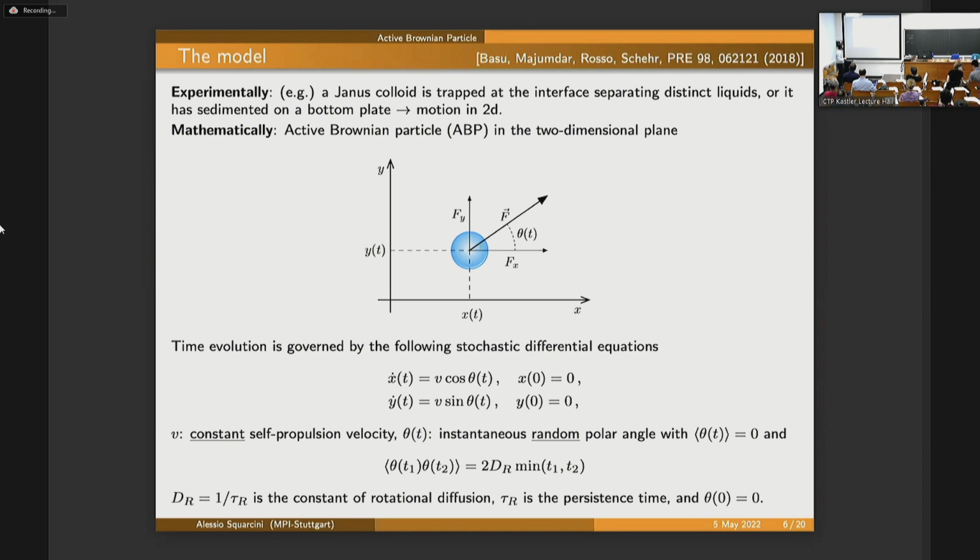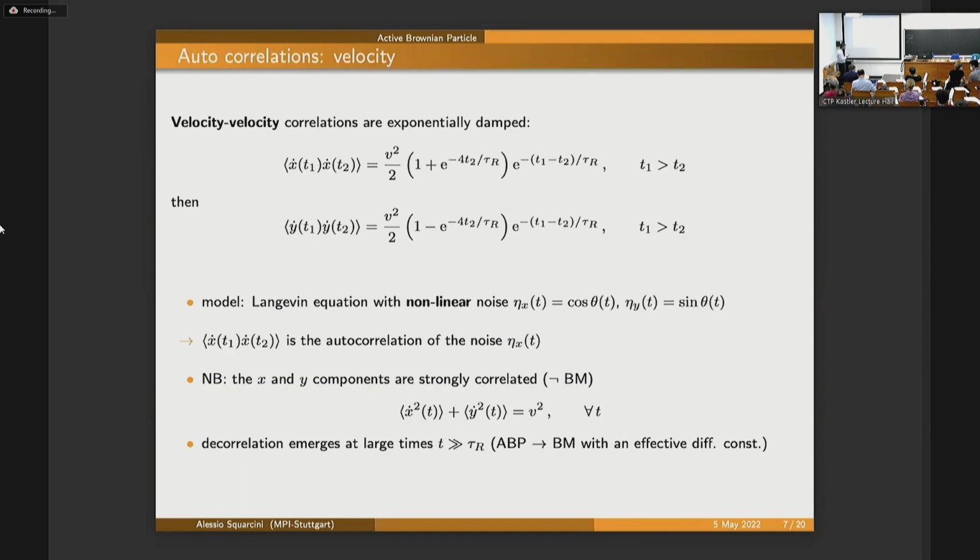D_r is the rotational diffusion coefficient, and tau_r is the inverse of D_r. Taking all the initial conditions to 0 doesn't play any particular role, it's just a mathematical simplification. So starting with that equation of motion, it is very easy to compute something like the velocity correlations.